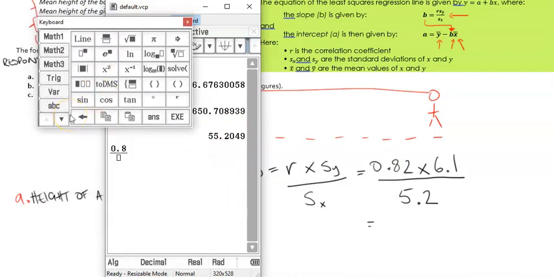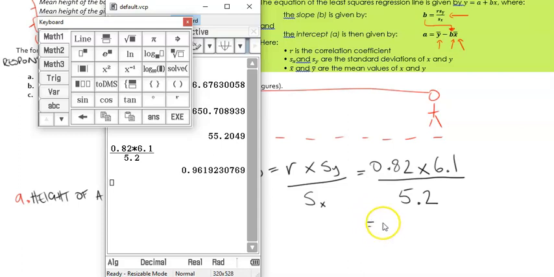0.82 multiplied by 6.1 all over 5.2. This is going to be equal to 0.9619230769. Now, I'm not going to actually put this solution. No, I am actually.